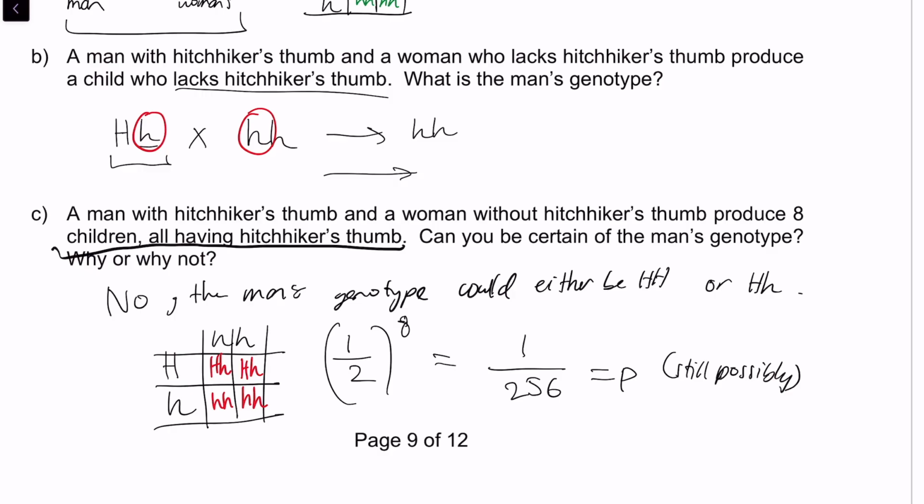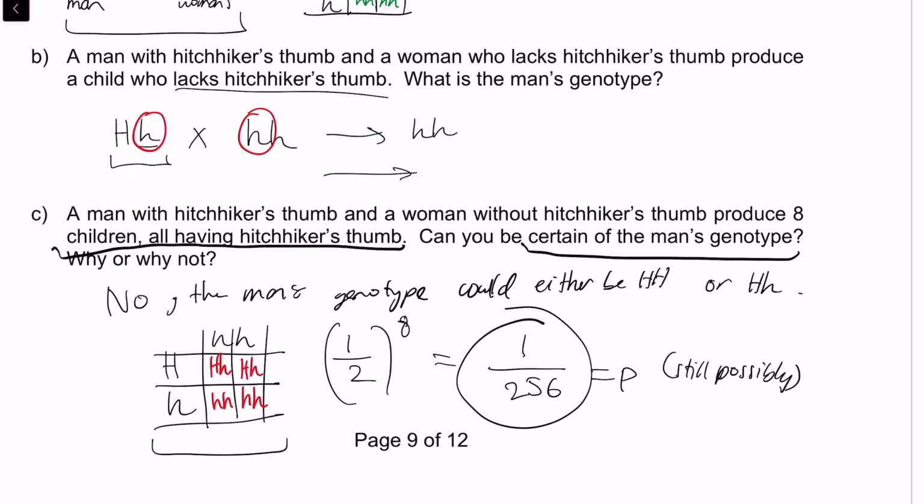It doesn't, with 100% certainty, say that the man's genotype is homozygous dominant, because we know that there's still this 1/256 chance that it can happen if the man is heterozygous. Okay.